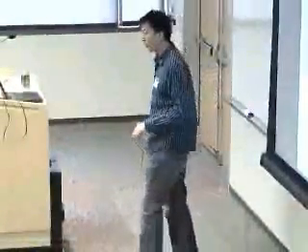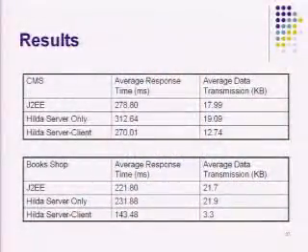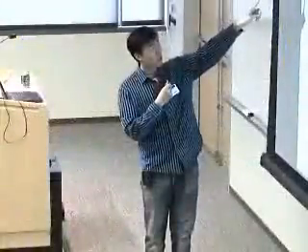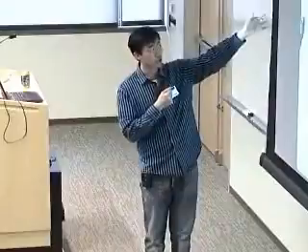And we use both real workload and synthetic workload. For the CMS, we have the trace of users' actions for one semester, and we just use that to simulate the real case. And for the TPCW, we use the synthetic workload specified in the benchmark. And we have some results. Here, we compare the J2EE version, the HILDA server-only version, and also HILDA with automatic client-server partitioning enabled.